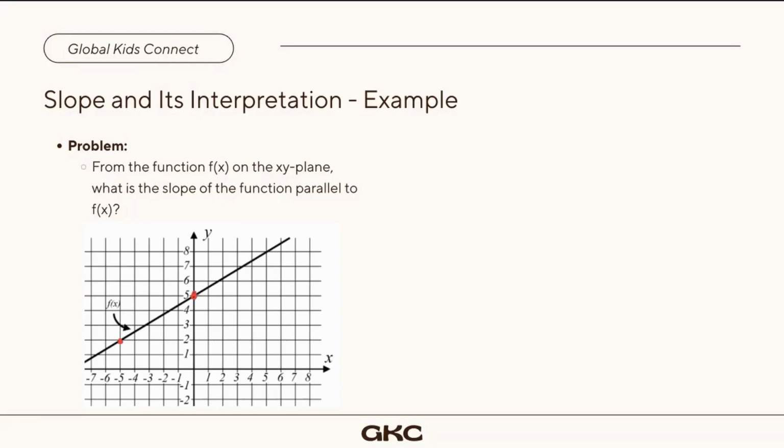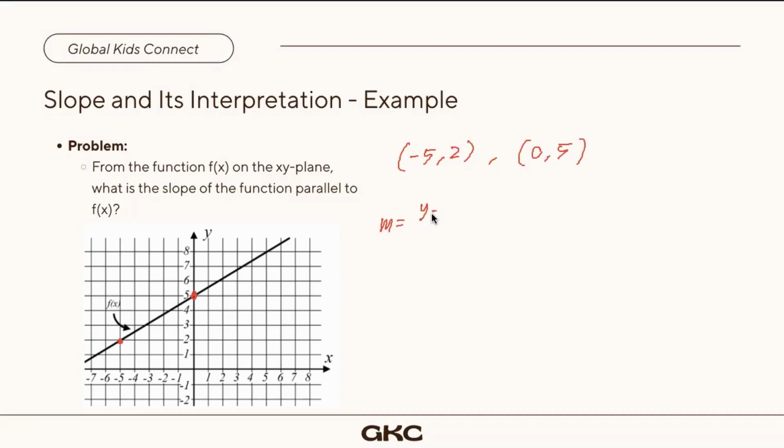Using these 2 points, we can find the slope itself. Our first point is (-5, 2), and our second point is (0, 5).